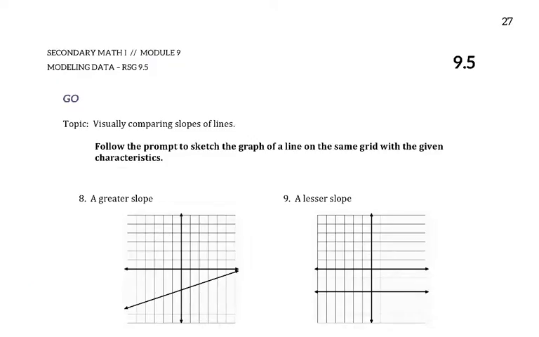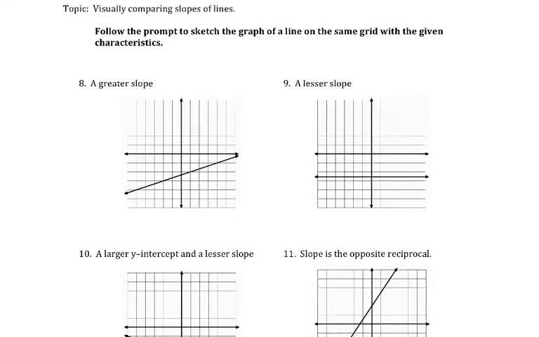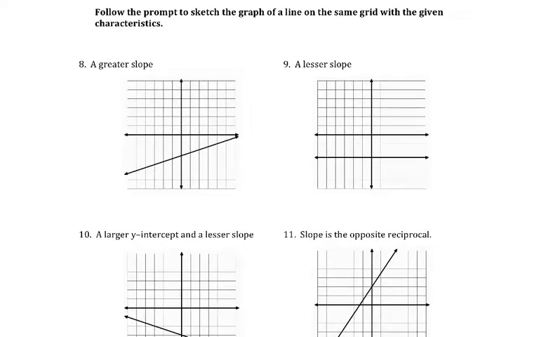All right, so on to the last part here. We're basically trying to draw something better, something that has a greater slope. A greater slope would mean a bigger number. The greater the slope, the steeper it would be. So you need to draw a line with a steeper slope.